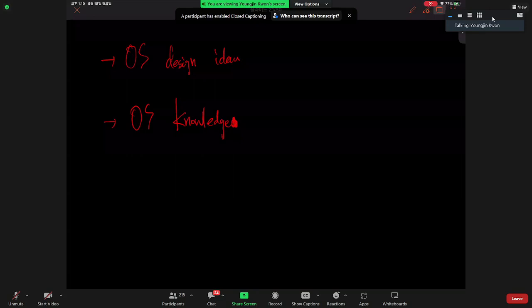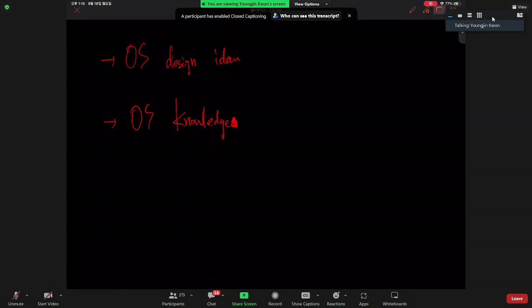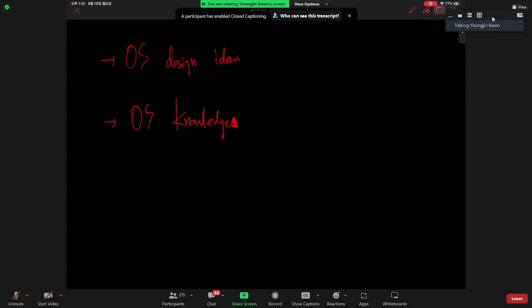Memorizing operating systems knowledge, or learning how to apply problem solving techniques for a specific requirement. What do you think?